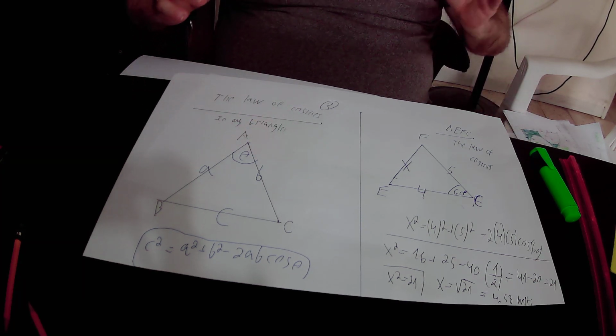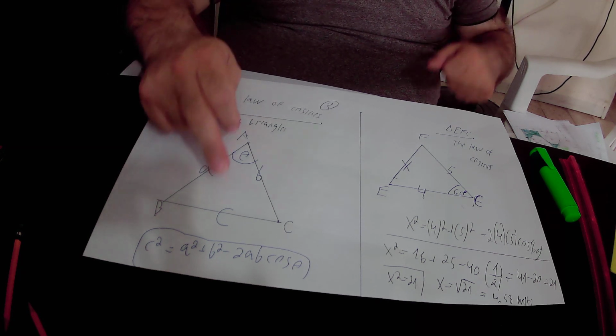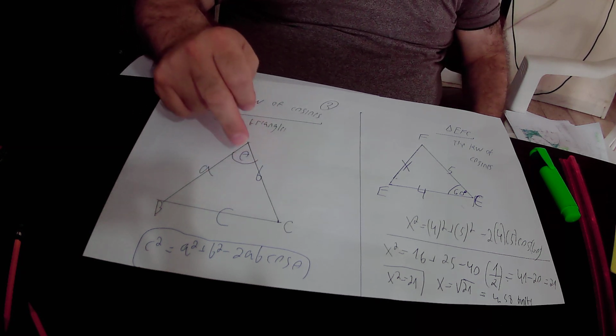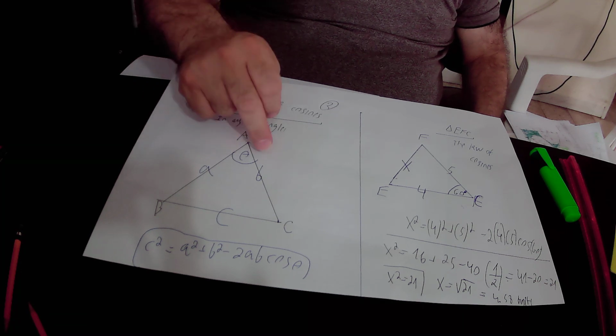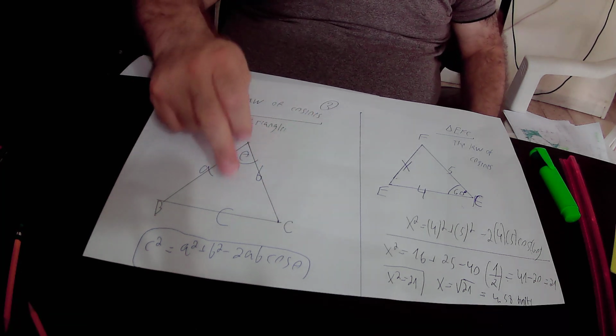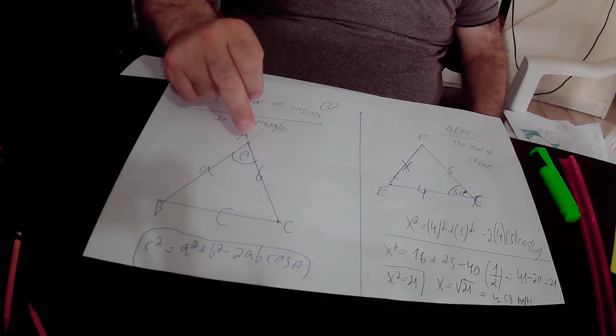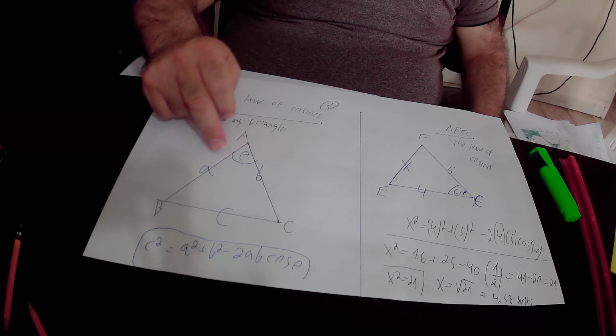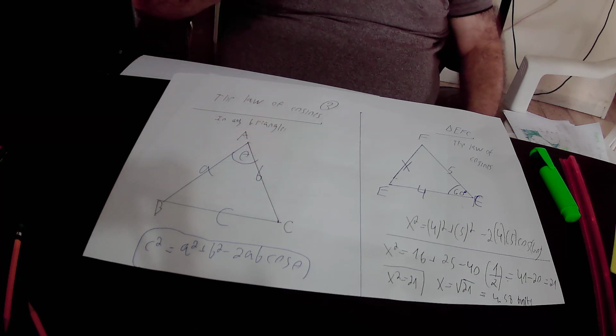Then according to the law of cosines, we get that C squared equals A squared plus B squared minus 2 times A times B times cosine theta.